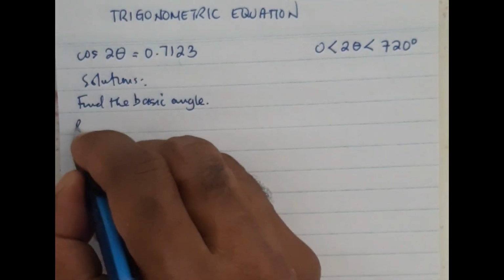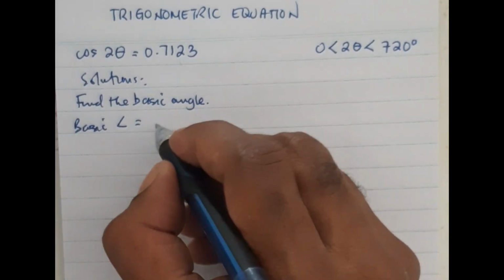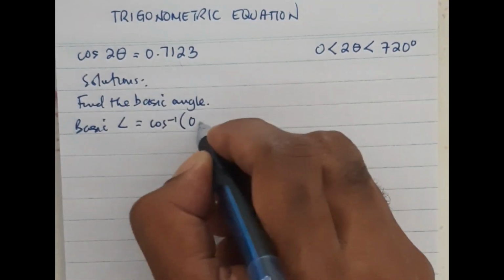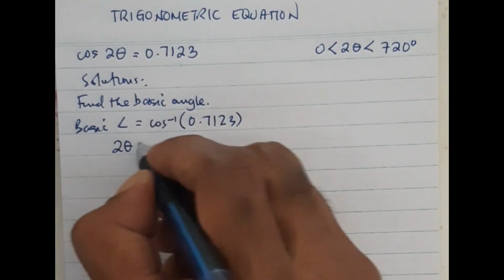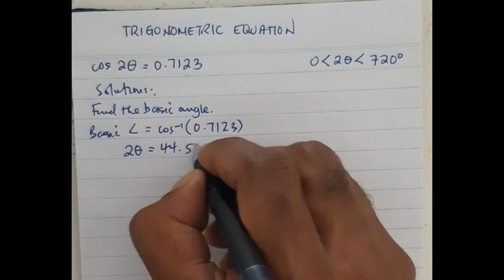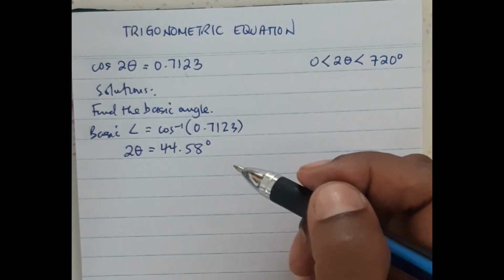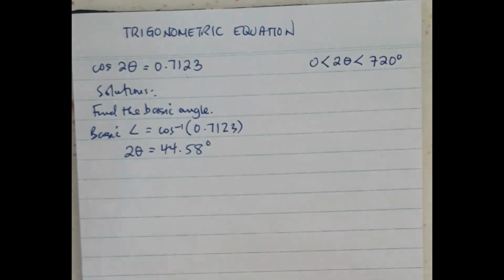The basic angle is equal to the inverse of cos of the value given up there, that's 0.7123. The basic angle is 2 theta, and that is equal to 44.58 degrees. We are rounding the angle to 2 decimal places. That's it, we are finding the basic angle.